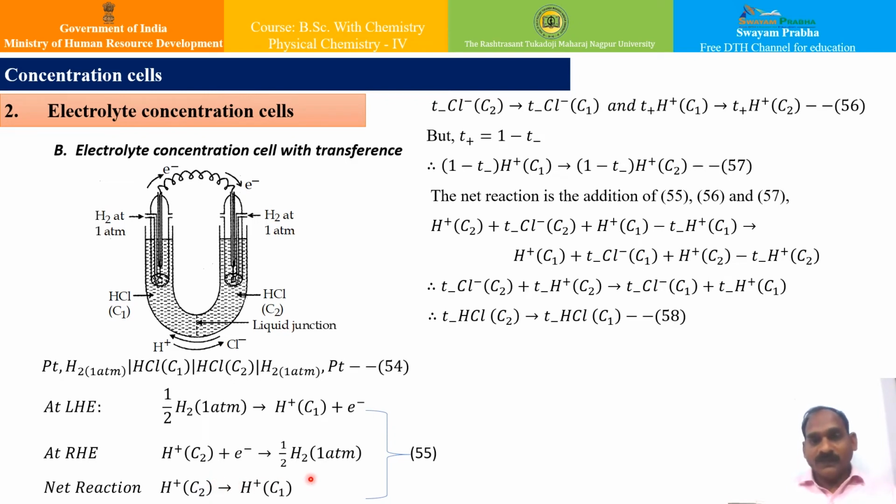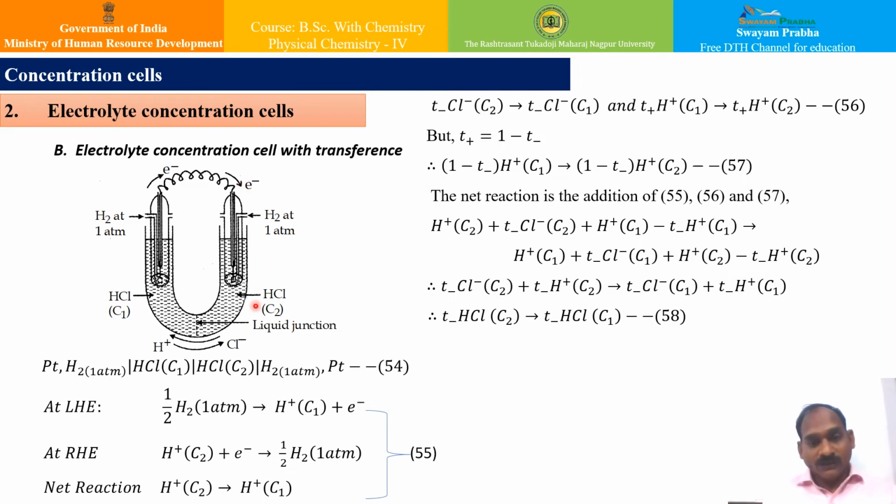Now, if you see, the left hand side electrode is the negative electrode, while the right hand side electrode is the positive electrode. So electrons flow in the external circuit from the left hand side electrode to the right hand side electrode.